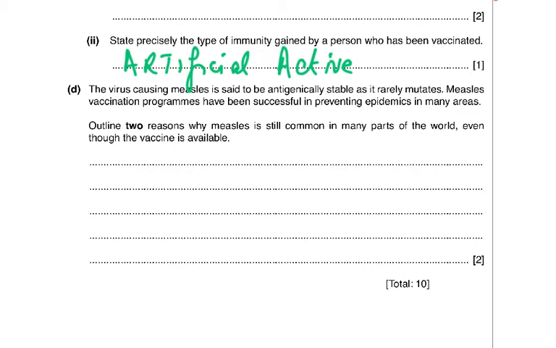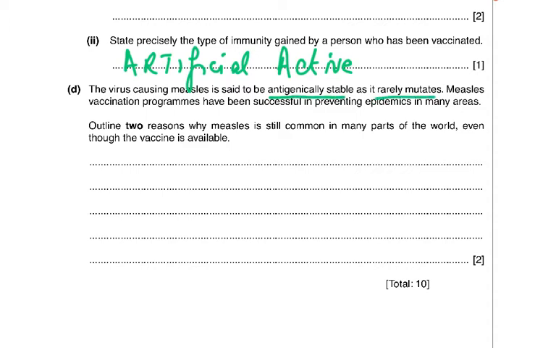So their lymphocytes performed activity. The memory B cells developed and the plasma B cells made antibodies to kill that weakened virus, which of course was not going to cause any disease. So, artificial active immunity.